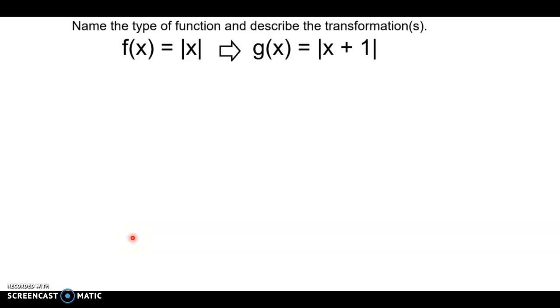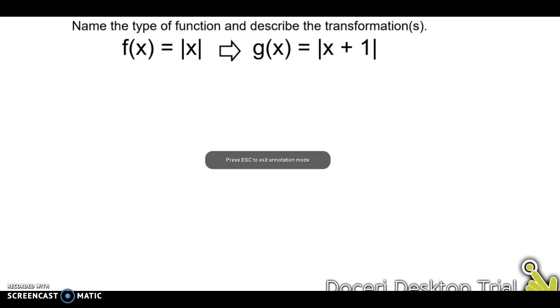So let's look at this first example. If we take f of x, and it is the absolute value function of x, that's our parent function. Now we've got to look at what we're doing to it. So we are changing it to a new function, g of x, and it's the absolute value of x plus 1.